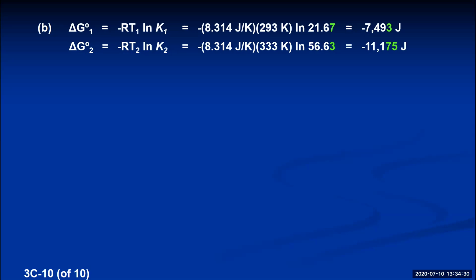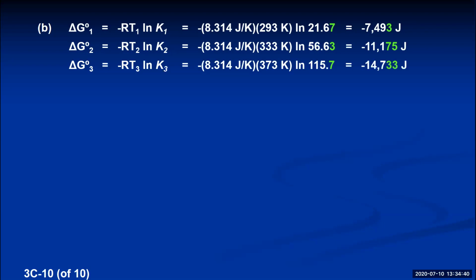11,175. At the third temperature of 100 degrees, I'll put in 373 as my temperature and put in the equilibrium constant at 100 degrees Celsius, which was 115.7, and that comes out negative 14,733 joules. So now that I have my 3 delta G values, I can calculate the Y values that I'm going to plot against the reciprocal temperatures.